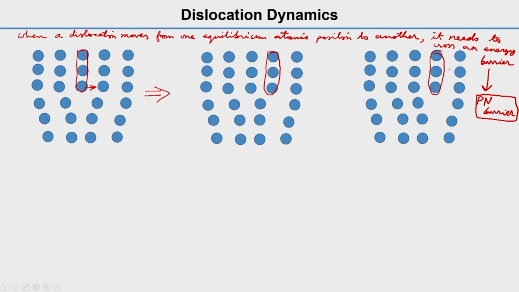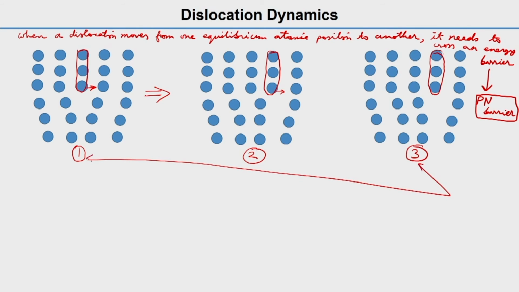Here we can call this equilibrium position 1, then this is position 2, and this is position 3. So number 1 and number 3 are equilibrium positions and they are stable. These are stable equilibrium.